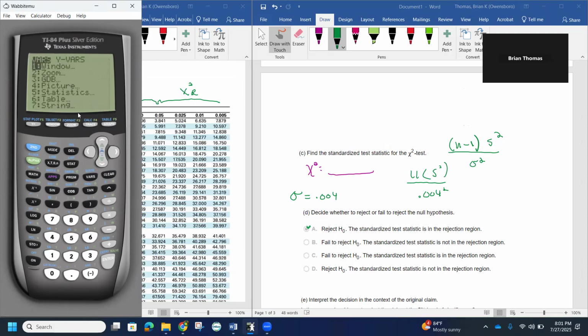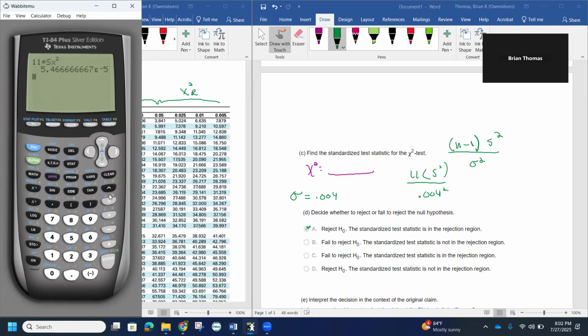If I go to vars, number 5 is statistics, and I can choose the sample standard deviation, number 3, but I have to square that to get the sample variance.